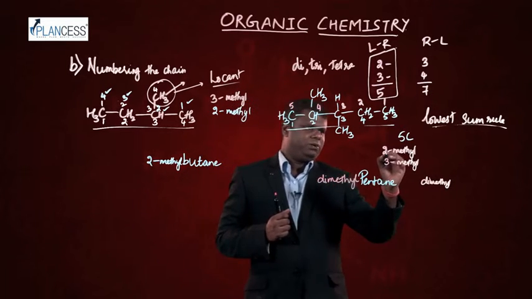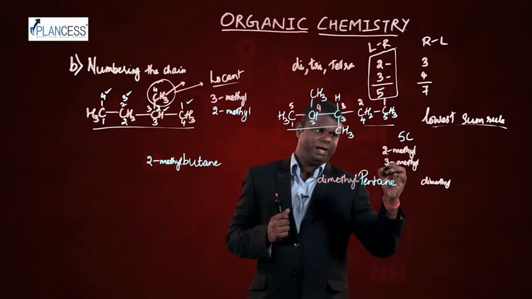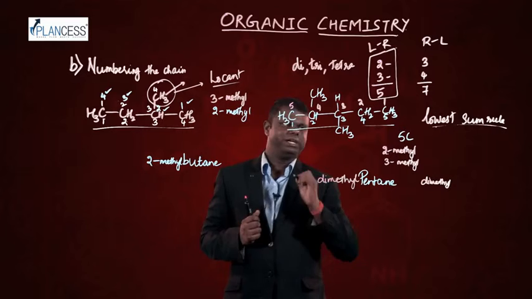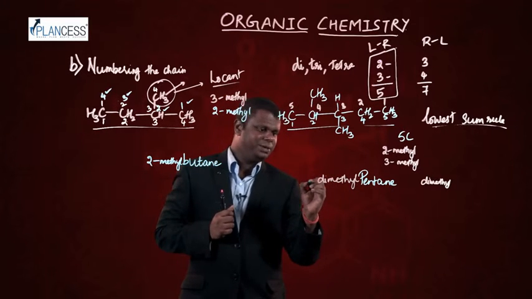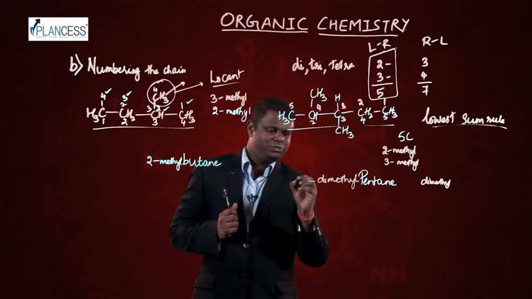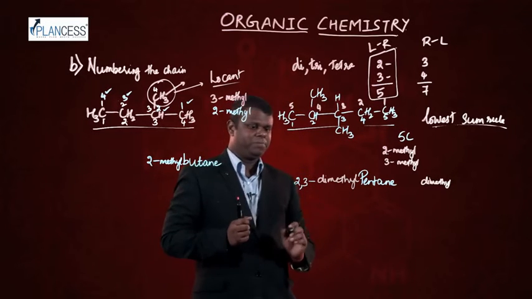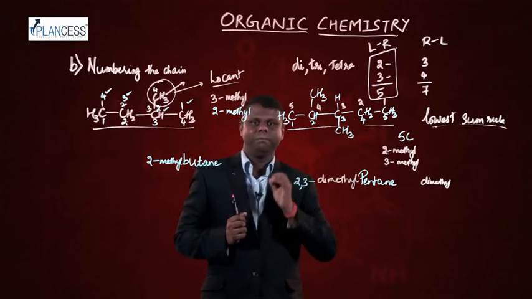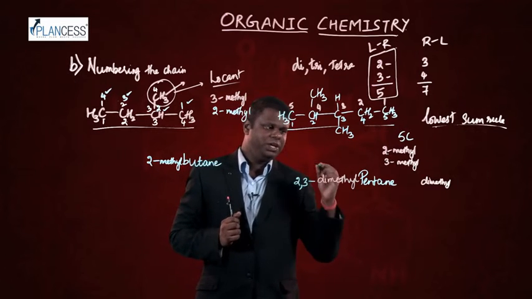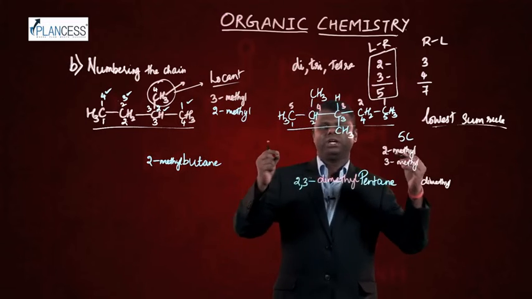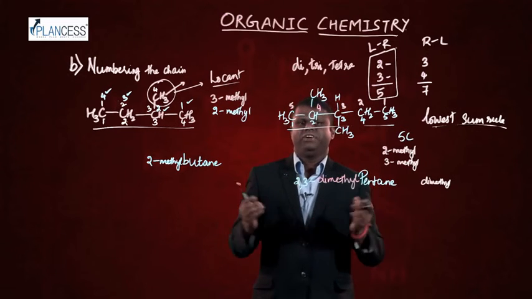For both the methyl groups you have used the word di, so now you are supposed to give the numbering. So it should be 2,3. What does it mean? At position 2 you have one methyl group, at position 3 you have another methyl group, and this particular molecule is nothing but a derivative of pentane.